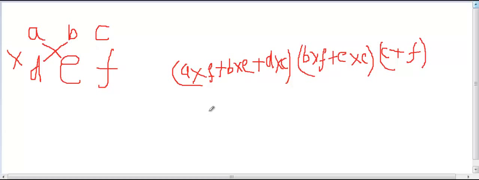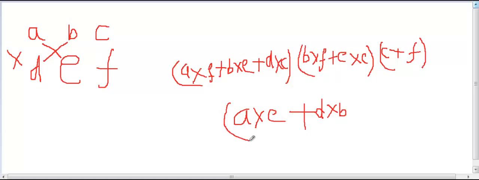Okay, so let me write the fourth digit here: D multiplied by B. This multiplication will be added to A multiplied by E. This will be our fourth digit. Okay, actually I should have written this fourth digit at this place, but there is a space limitation, that is why I have written it at the bottom.